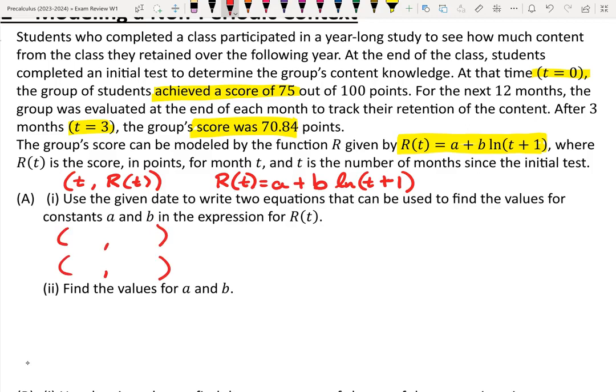What is the first t value that they give us? 0. What is the r of t, the score at 0? 75. What's the next point? 3, 70.84.